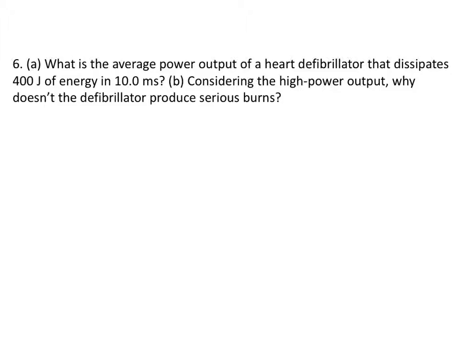All right, so here we go. Power. Let's just be clear about this. Average power output, well, power is always work per unit time. That is the definition of power. And if it dissipates 400 joules of energy in 10 milliseconds, well, that's the work.